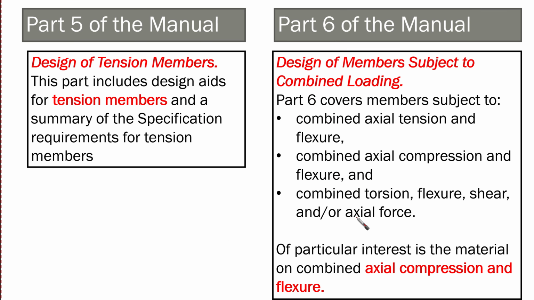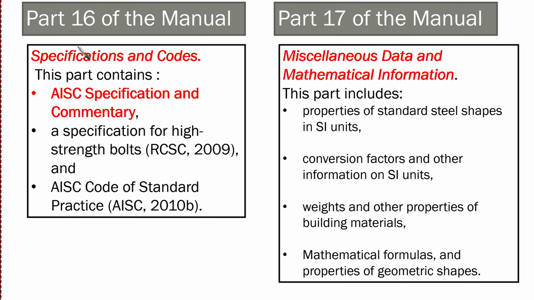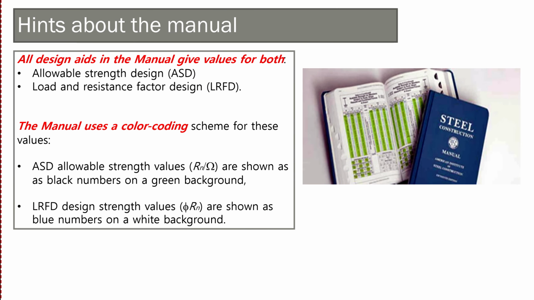Part 6 of the manual, you are going to use frequently. And then, of course, part 16, because it is related to the specification. So I think that these parts are going to be frequently visited during your design of the steel components and elements. Okay, now let's go to a couple of slides with hints about the manual, and they are important also.